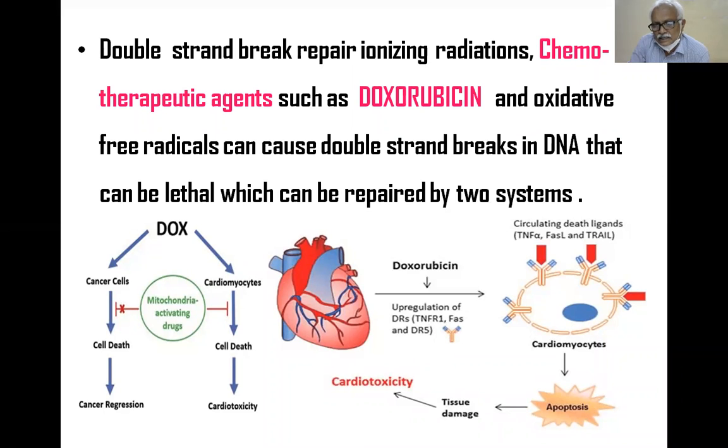So cardiomyocytes will be affected and lead to apoptosis, and tissue damage will take place that leads to cardiotoxicity. So it's not only the cancer, but the repercussions of the treatment may lead to this type of cell damage and cell death.